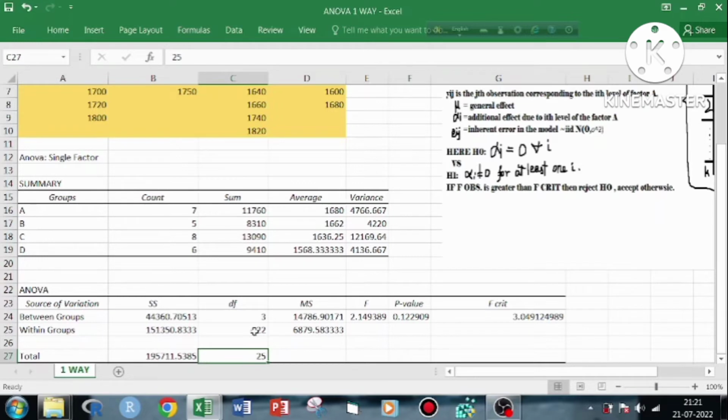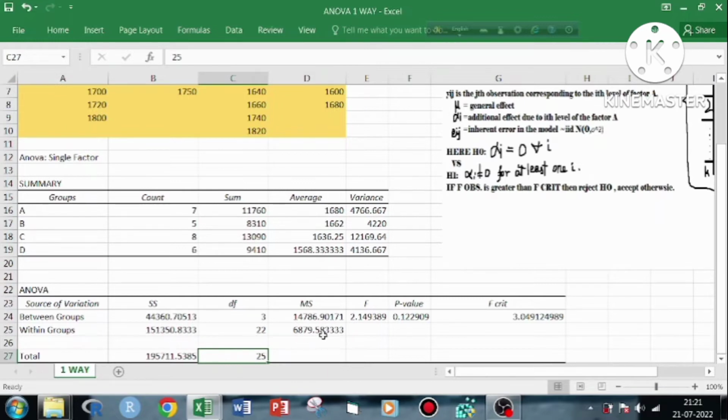Now what is MS? It is the mean sum of squares, which is obtained by dividing the sum of squares by the corresponding DFs. That is, SS for batches, 44,360.705, divided by 3 gives us this value, and dividing this SSE by DF 22 gives us this value.